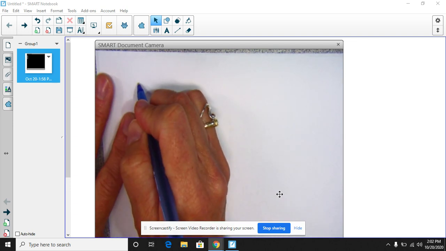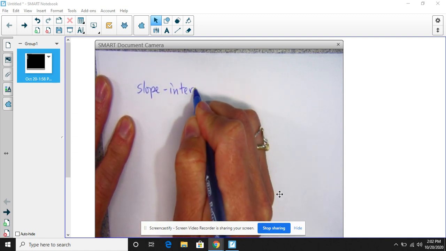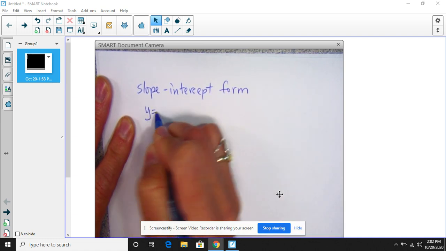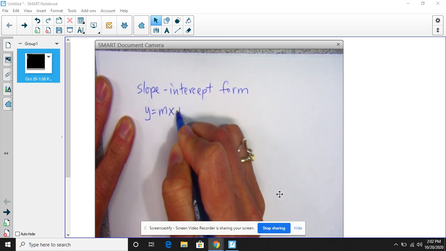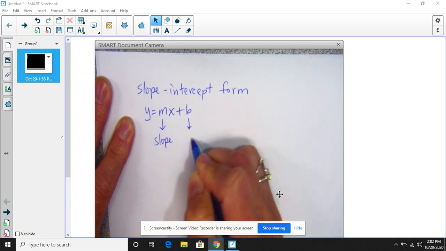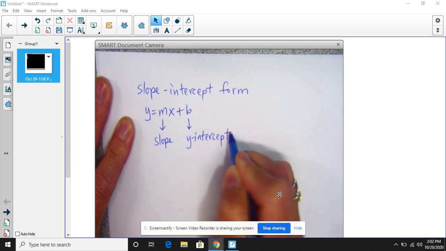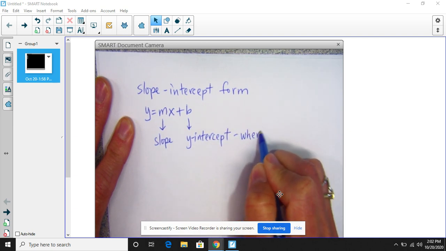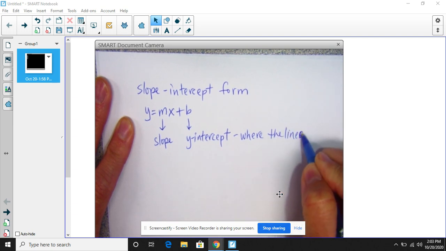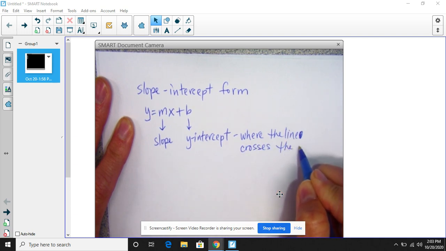But we are going to write an equation in slope-intercept form. And remember, we said that slope-intercept form is y equals mx plus b, where m represents our slope, b represents our y-intercept, and the y-intercept is that point where the line crosses the y-axis.